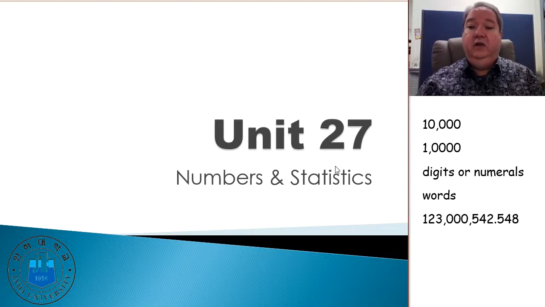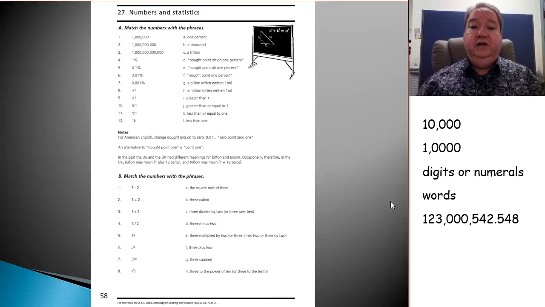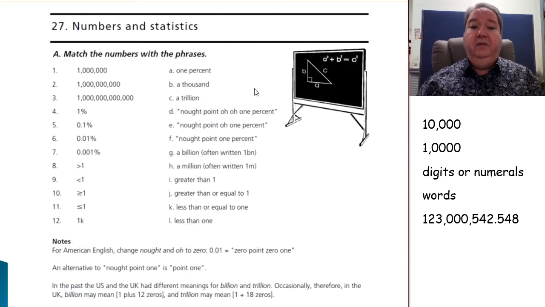So if we look at Unit 27, it's dealing with numbers and statistics. Okay? And so you'll see here, Chapter 27, that actually begins on page 58 of the book. And each section is divided into about 3 or 4 parts usually. There's part A here, part B, and part A is matching, where you match the numbers with the phrases, the words.